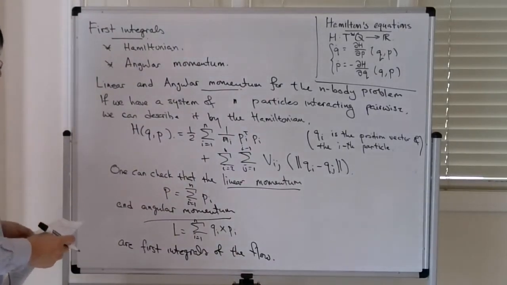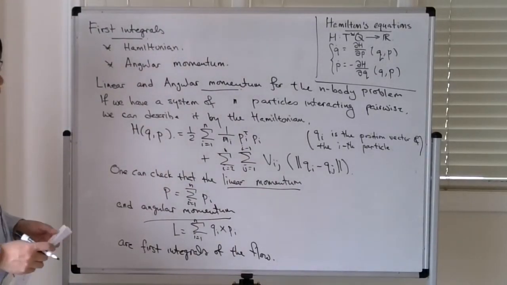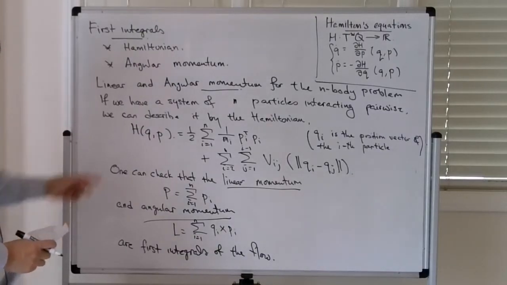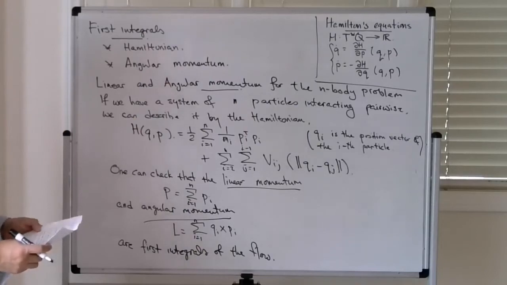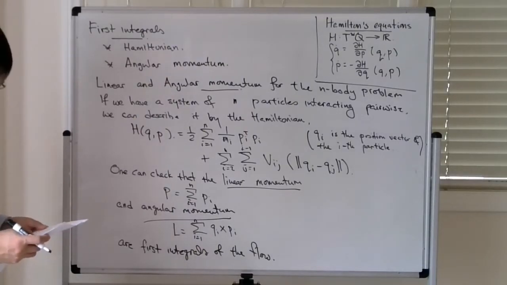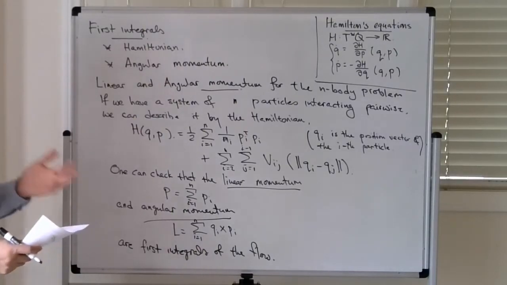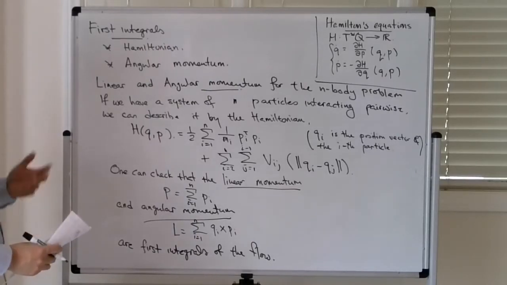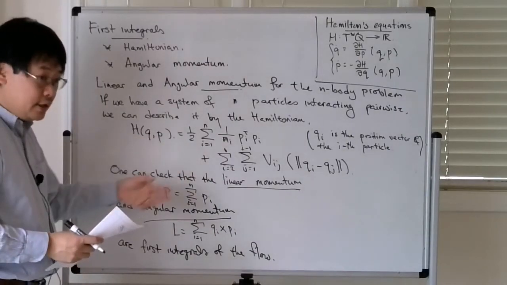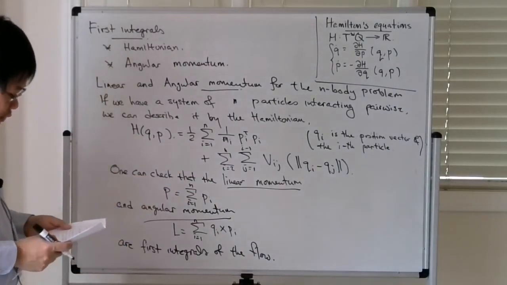Again, what we're going to see later is that these conservation properties, these first integrals, are a special case of Noether's theorem. Noether's theorem is a general result which relates symmetries of the Hamiltonian with conservation laws of the system.